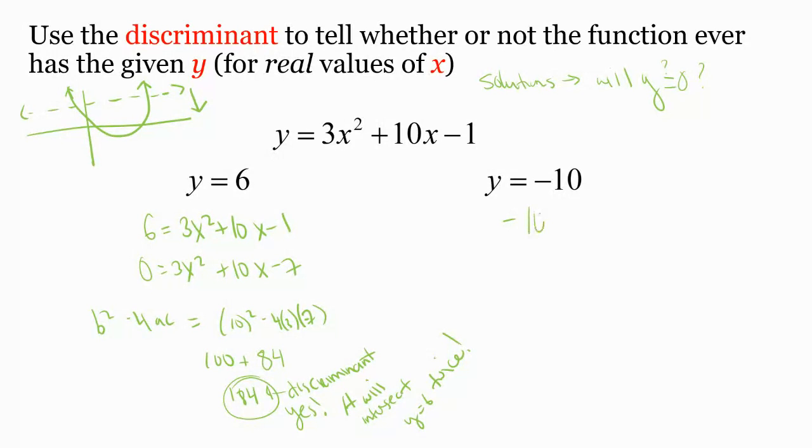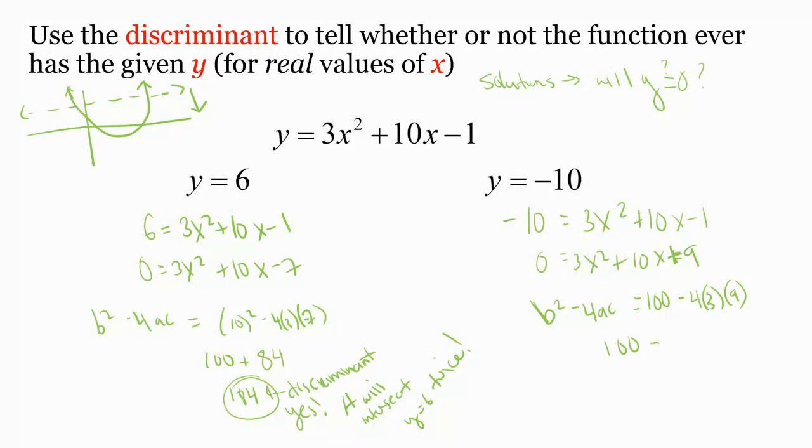What about negative 10? Right, so 0 equals 3x squared plus 10x plus 9. So b squared minus 4ac, my discriminant would be 100 minus 4 times 3 times 9.